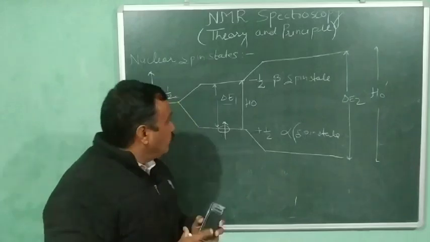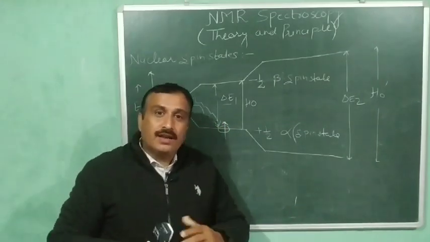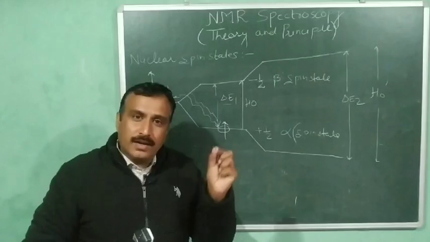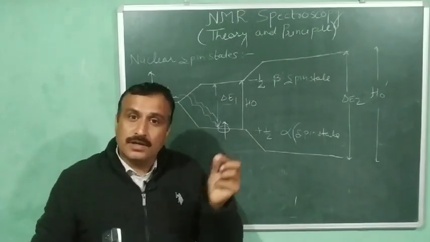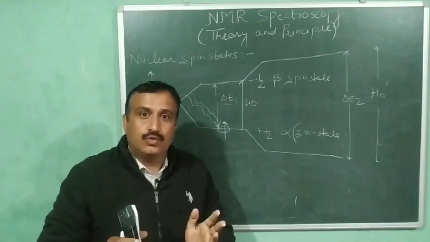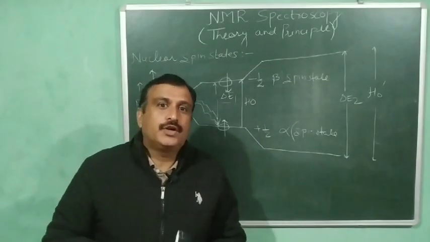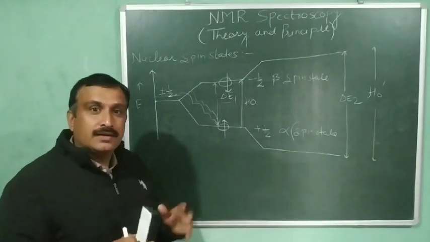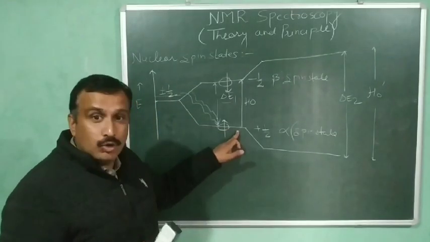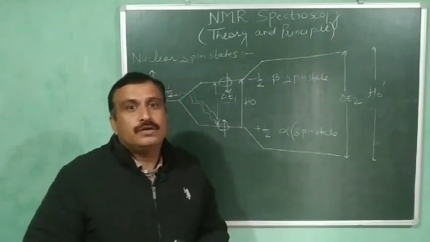What we will do here is irradiate this proton with radio waves of varying frequency, meaning we will keep applying radio waves of different frequencies on this proton. And when the energy of the radio wave, or the frequency of the radio wave, becomes equal to this energy difference, then that radio frequency will be absorbed and the proton will be excited from the lower nuclear energy level to the higher nuclear energy level, or from the alpha spin state to the beta spin state, and a spin flip will take place.